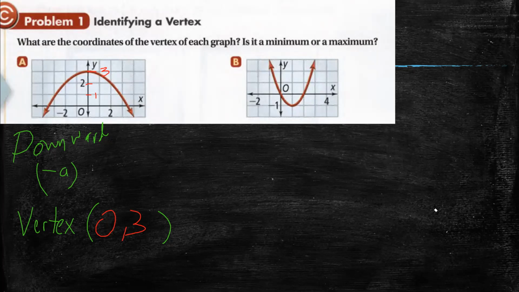Where will I put the sign of a, the negative? No. Here, just for the function. Okay. I want only the points, or the coordinates, of the vertex. Now, is it minimum or maximum? Maximum. It is at the highest point of the parabola. So it is maximum.